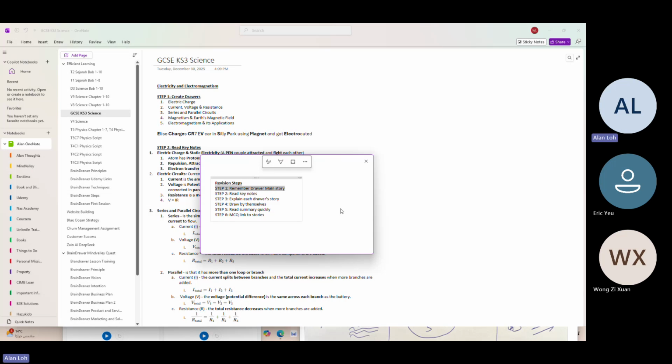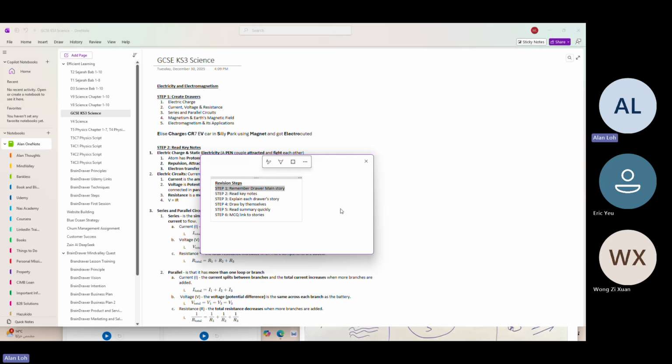Why is this revision important? When you want to prepare for an exam, you need to do revision, and the more revision you do, the better you remember and understand the chapter. And I'm going to teach you how to do it.